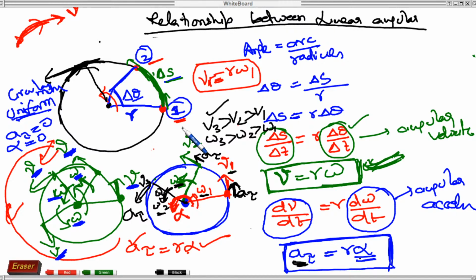You have to remember that v is equal to omega into r. With this, if you know the angular velocity, we can find out the velocity.